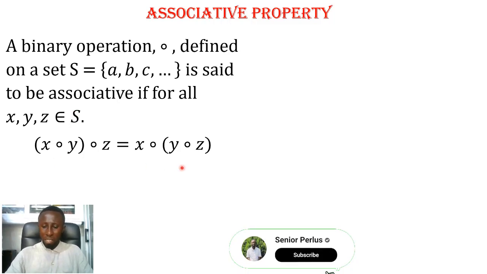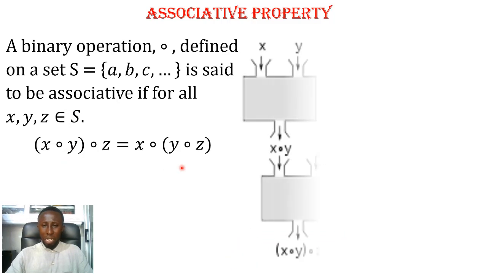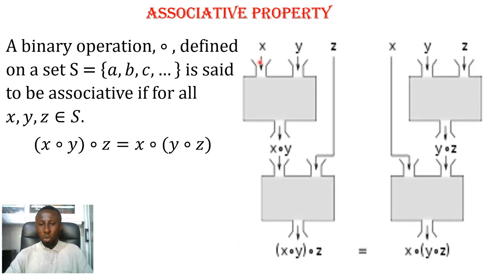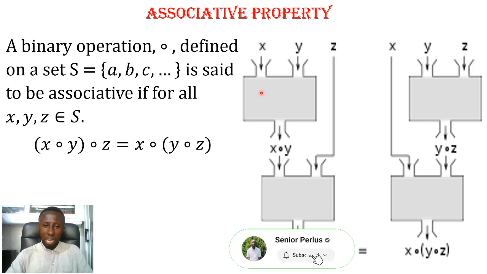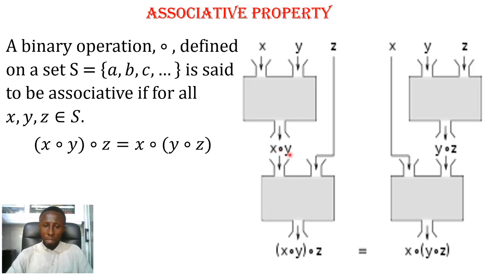So let's represent this on a diagram. This is our diagram here. As I said earlier, this is our operation box, and our operands are here. So x is entering first, then y is entering. That's why I said x operation y here. It gives us x operation y. Now we already have x operation y here, so it will enter.